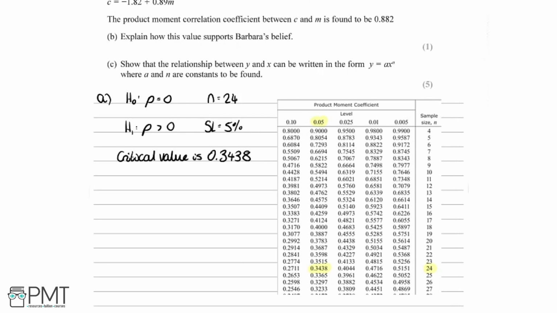Now I'm just going to draw out a little line to help us visualize the next bit. If we imagine in the middle at 0, it goes down to -1 and goes up to 1. Our critical value is 0.3438. I'm going to label that on really roughly, somewhere like here. And because we're seeing if it's greater than 0, this area here is our critical region.